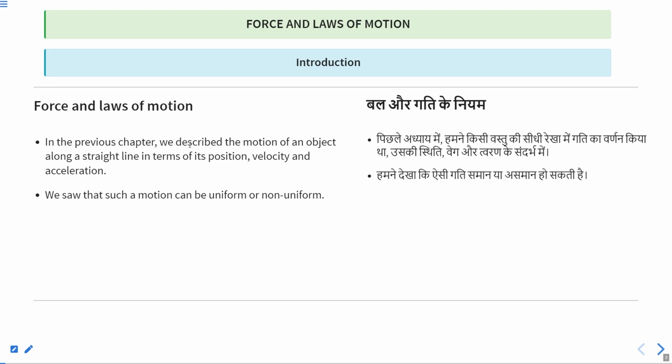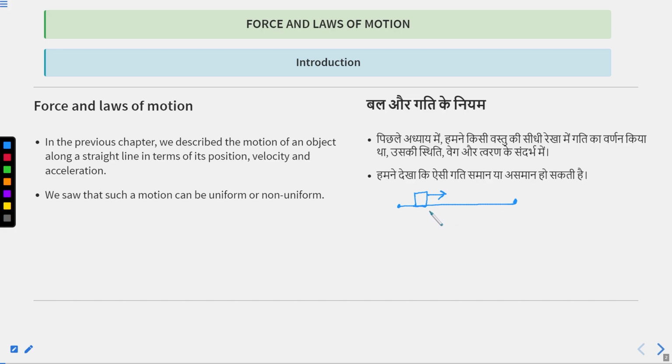In the previous chapter, we described the motion of an object along a straight line in terms of position, velocity, and acceleration. In the previous chapter, Motion, we mainly studied the motion of an object along a straight line: if an object is moving in a straight line, what will be its distance, displacement, speed, velocity, and acceleration.